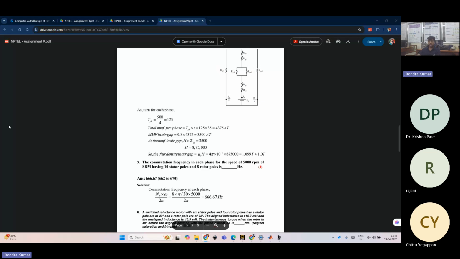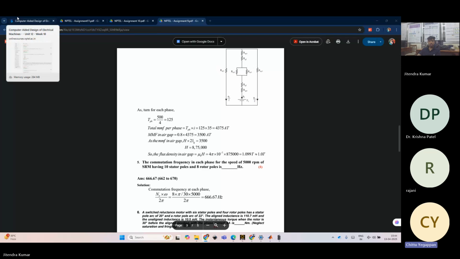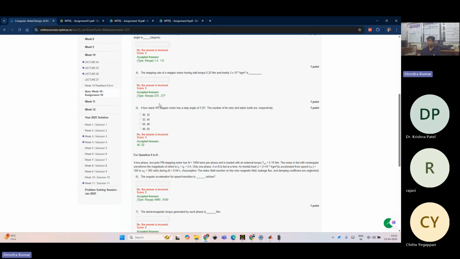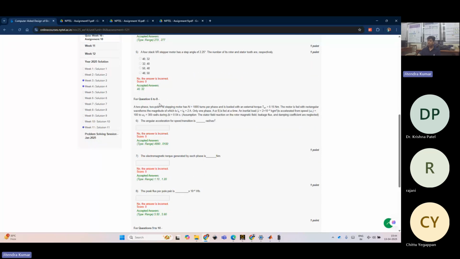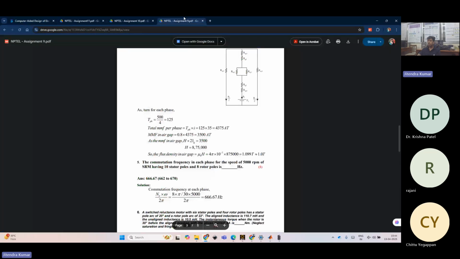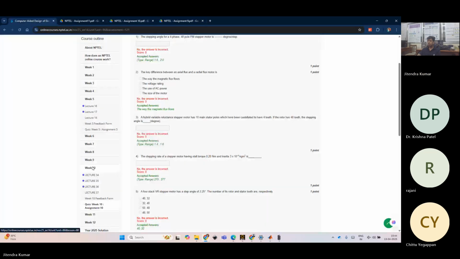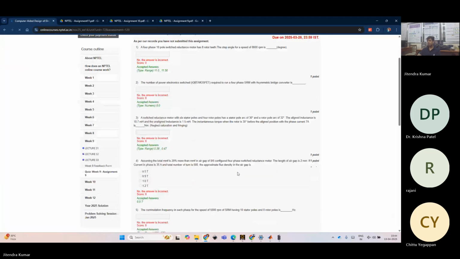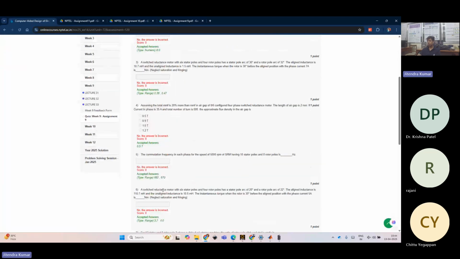We get f equal to 333.33 hertz. Yes, that's what we were getting, exactly half of it.